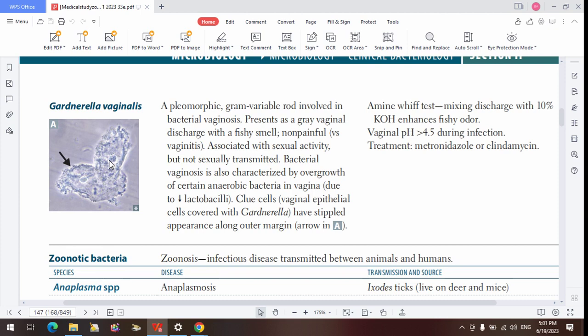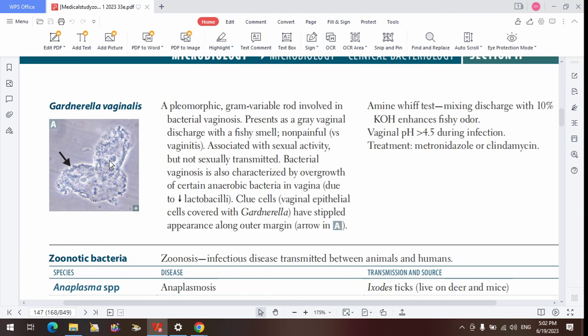They are going to have a gray white vaginal discharge, which is not painful. It doesn't itch and it is not painful, unlike the other causes of vulvovaginitis like trichomoniasis or candidiasis. Those ones are going to be painful. And we must pay attention to the fact that it is not sexually transmitted.